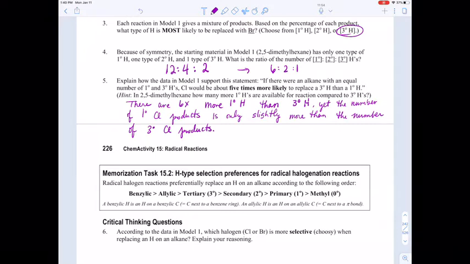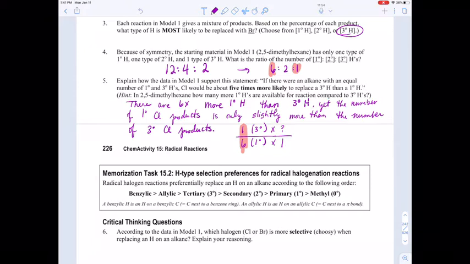So we can kind of make a fraction out of this. So we have the ratio of tertiary to primary is 6 to 1. So this here, that's our ratio from up here, 6 to 1. That should be a primary though. Okay, so we want to know what this number is if we have one of these.